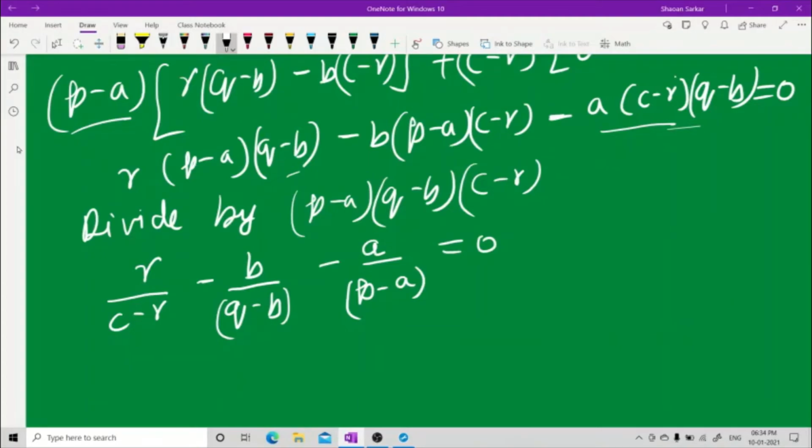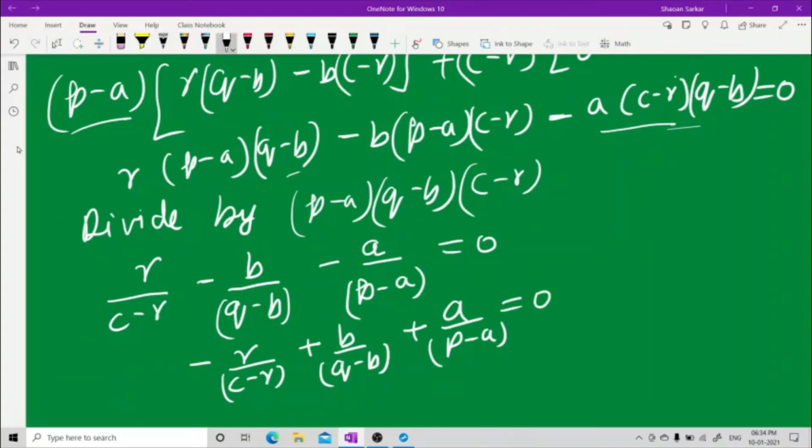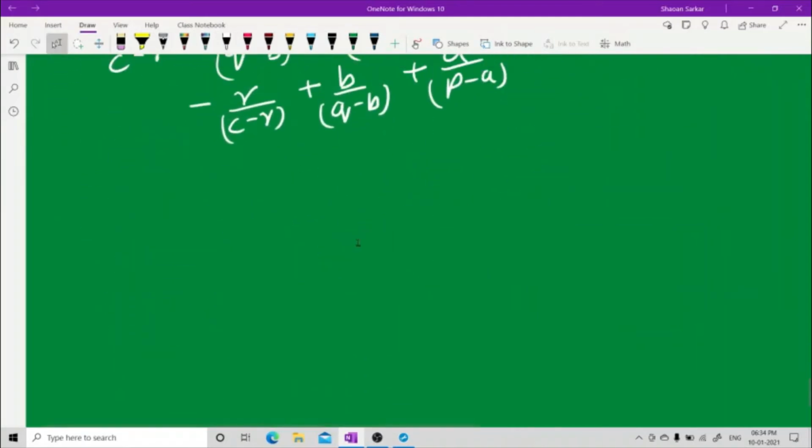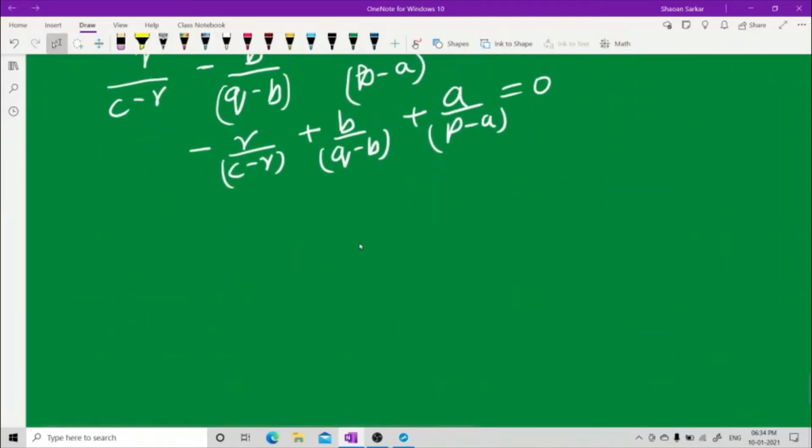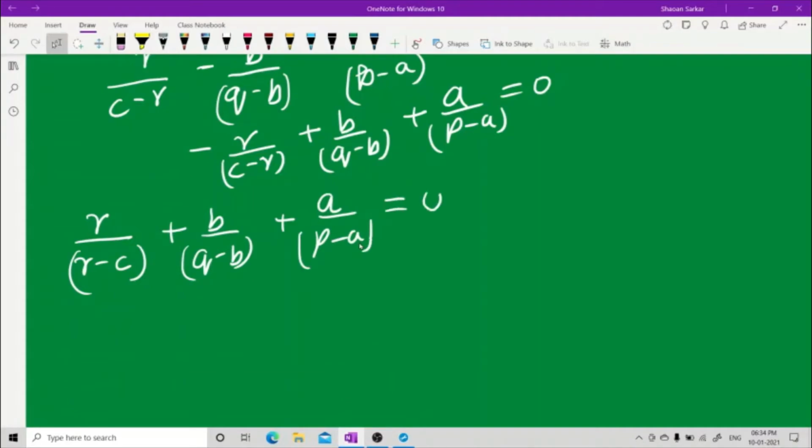So we get minus R, C minus R, plus B, Q minus B, plus A, P minus A. Now with this minus sign, I convert this C minus R to R minus C. Now R upon R minus C plus B upon Q minus B plus A upon P minus A is equal to 0.